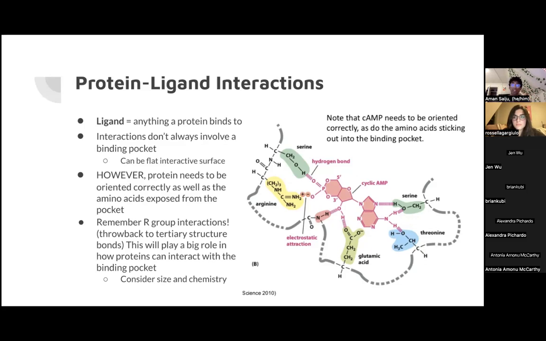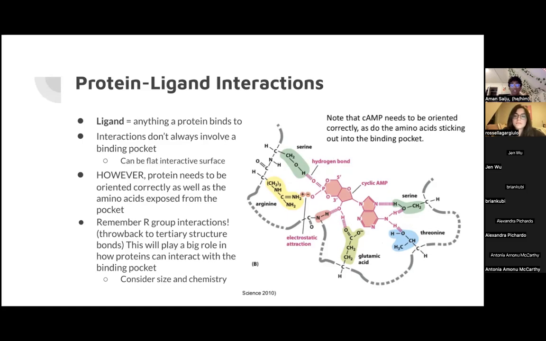To the binding surface on the protein. So the ligand, in this case, the cyclic AMP, has to be correctly oriented, and the protein has to be correctly oriented, such that all these bonds that we see here, the electrostatic attractions, the hydrogen bonds, everything else, those bonds need to occur. Otherwise, the ligand and the protein are not going to stick together, right?